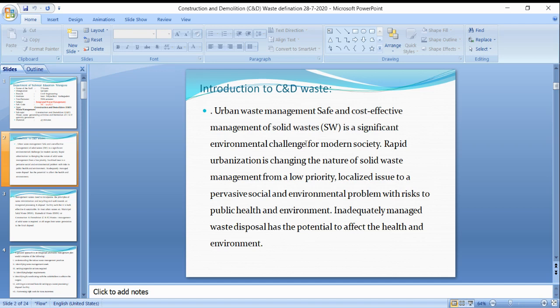Both have hazardous materials, so those will be segregated. In the segregation process, for municipal waste they use some equipment related to sizes, but in biomedical waste, according to the category, color codes are given.